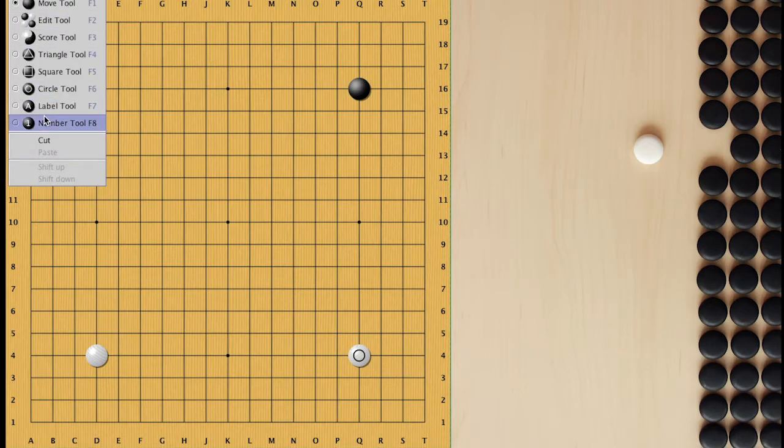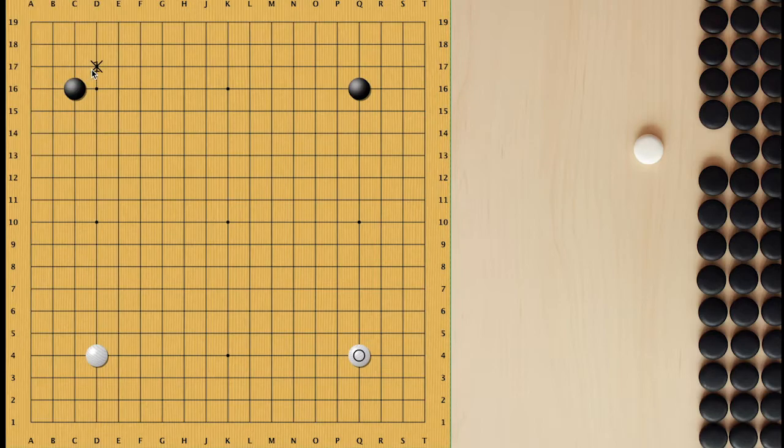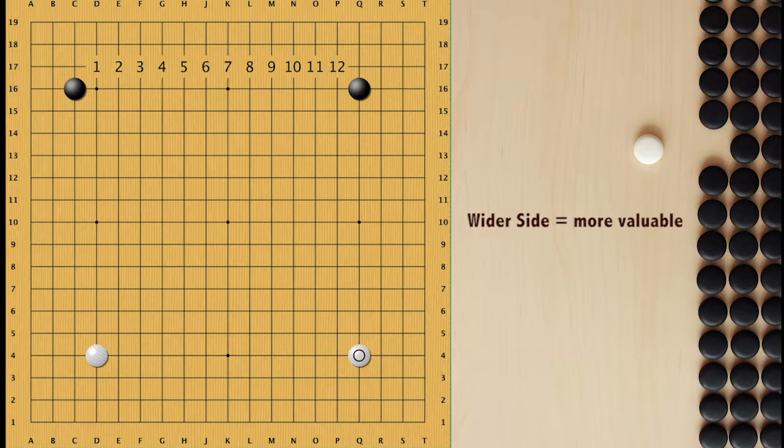One thing to note is the upper side is wider. It has 12 lines between the 2 stones. Whereas on the right side, between the black and the white stones, there's only 11 lines. Similarly, on the left side, there's only 11 lines between the black and the white stone.